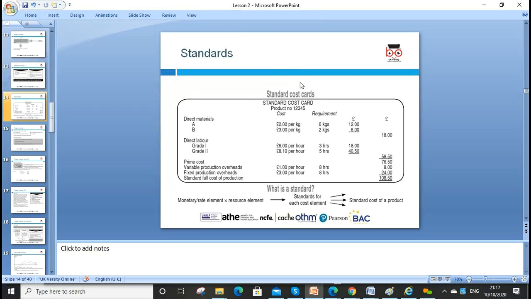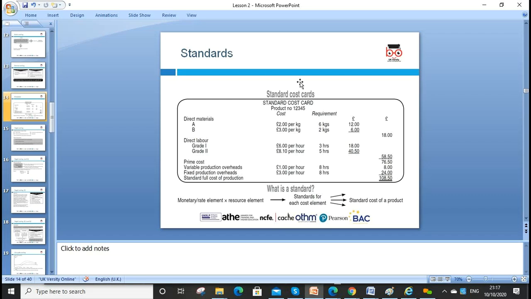Next, standard cost. Standard cost means what is the cost of 1 unit. Standard costing always helps to make the budget and decide the price. Think about materials A and B that we have used, in kg, and that costs us 18 pounds worth of material.